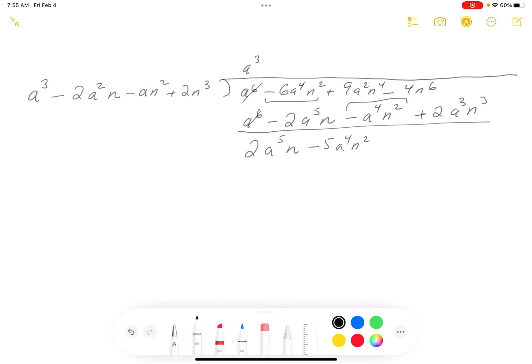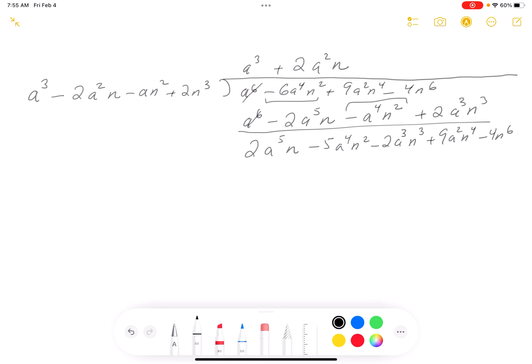All right, let's keep writing the other things down. And I'm going to see minus 2a cubed n cubed plus 9a squared n^4, and then minus 4n^6. All right, let's keep going. It's tedious. Let's write the next one down for a match. That would be plus 2a squared n. It's going to give me a match now.